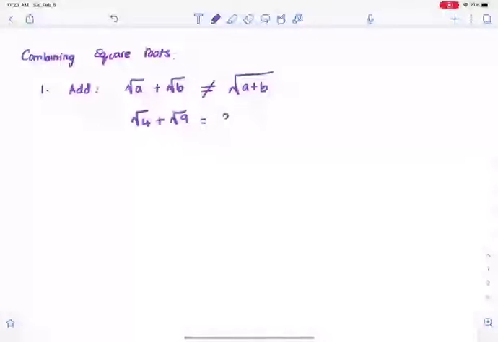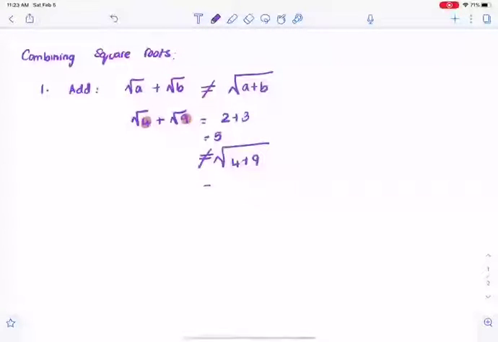Square root of 4 is 2. Square root of 9 is 3. 3 plus 2 is 5. Is that equal to square root of A plus B, 4 plus 9?